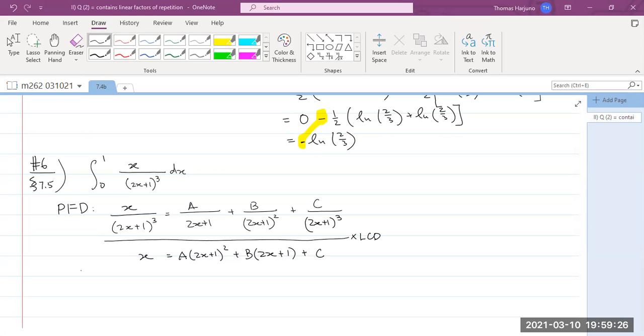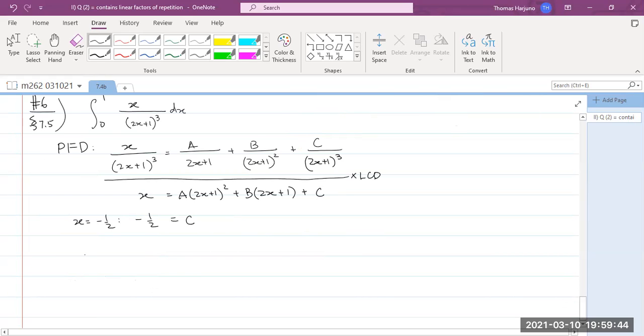Then let me use a special value, when x equals -1/2. So that's -1/2 equals 0 plus 0 plus c. Oh, that's easy. Two terms get killed right away. Get the c.